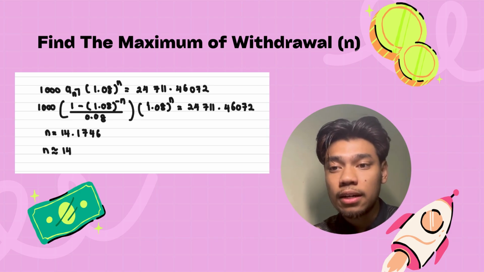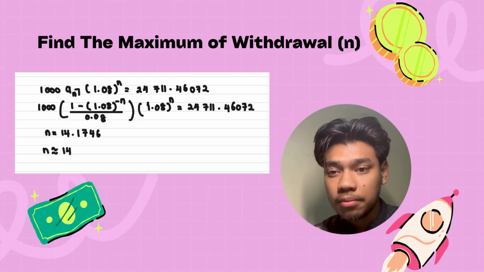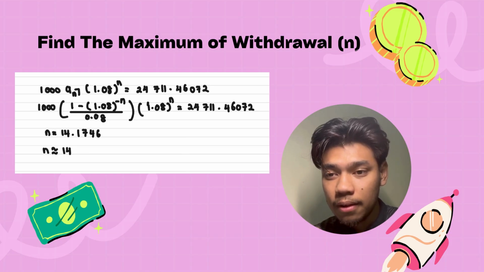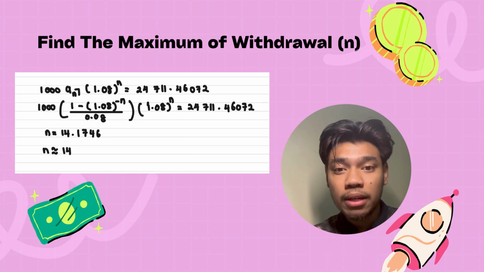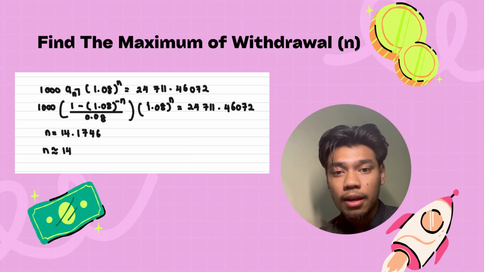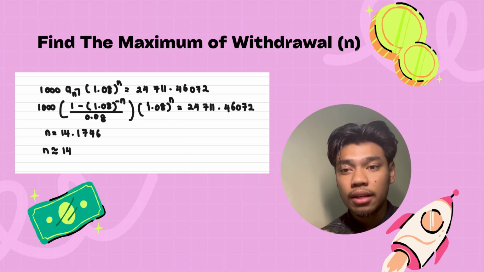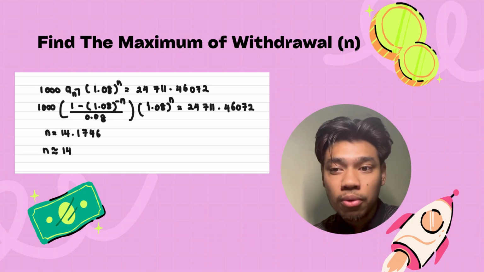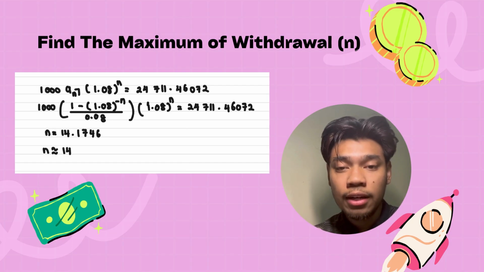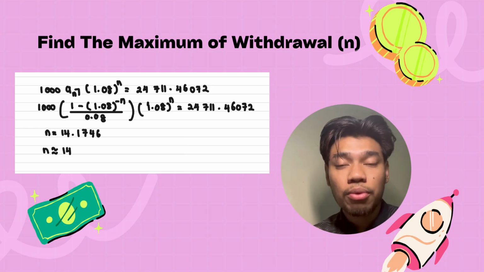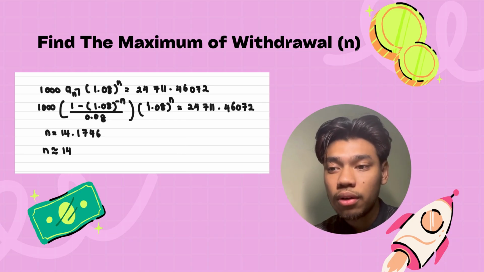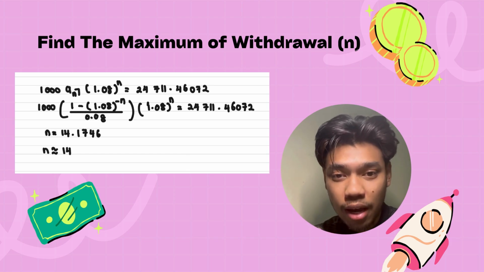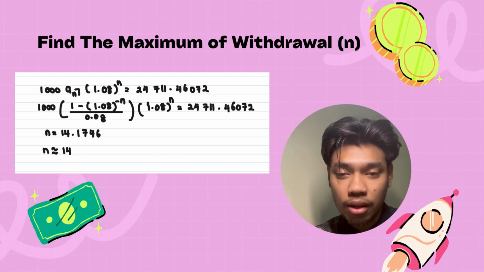Why? Because the payment is made before, and our common date is at 20 where our future value is. That's why we need to multiply by 1.08^n, and n we don't know, so we can find the maximum n, the maximum number of withdrawals.